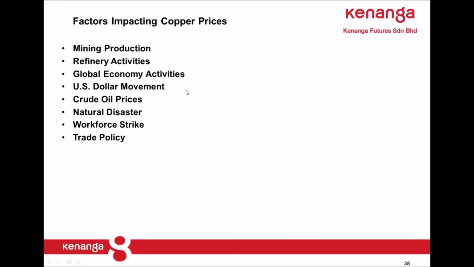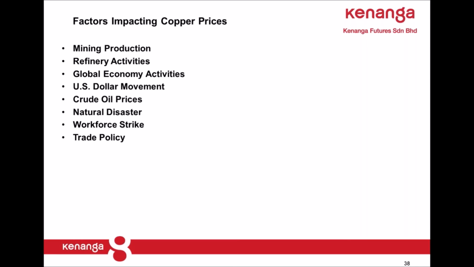And of course, as the copper that we trade for the Comex contract is quoted in US dollars, the US dollar will have an inverse relationship with the price of copper. The higher the US dollar, the more expensive copper becomes for the importing country, so price will have downward pressure.